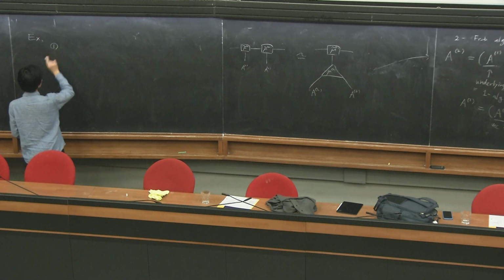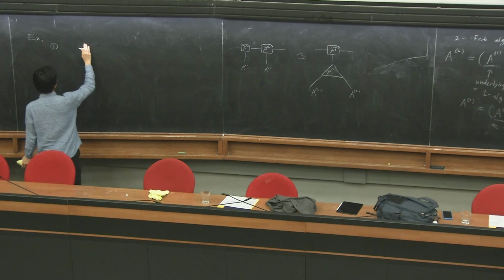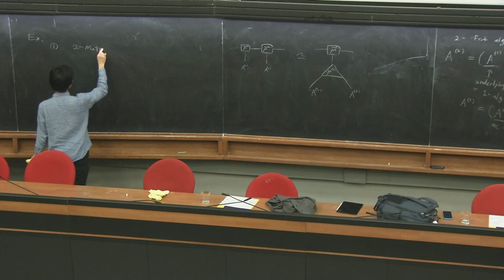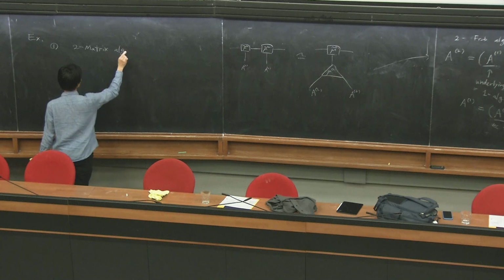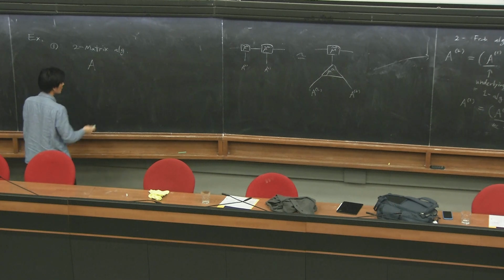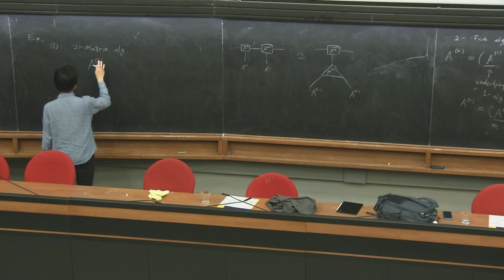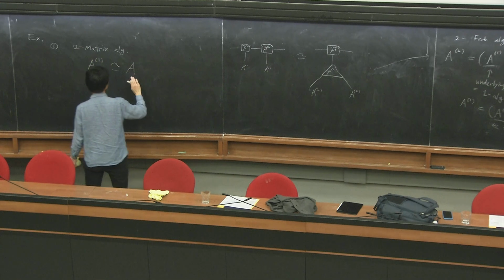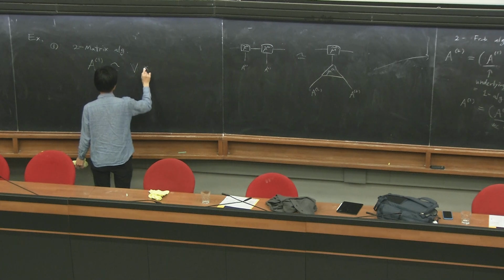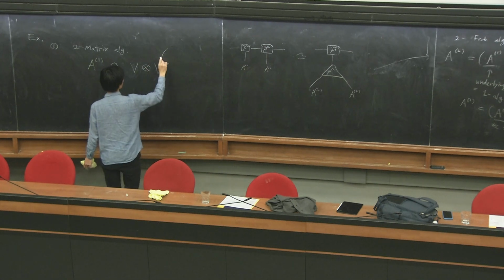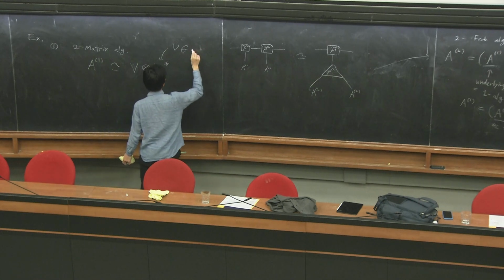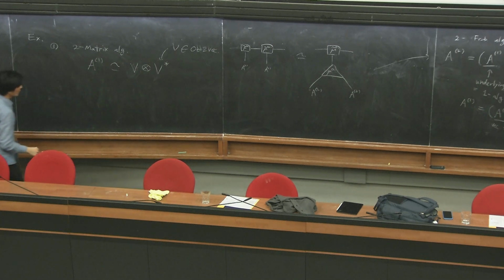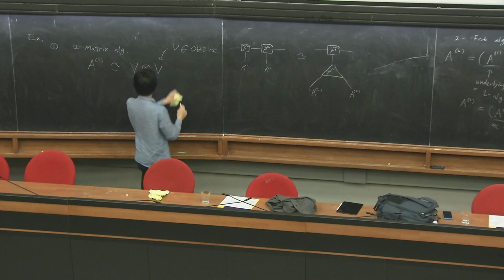The first important example is the 2-matrix algebra, where the underlying algebra is just B. This is B star. Yeah, B is in the objects of 2Vect. So this is just 2Vect. So V star is a V up.